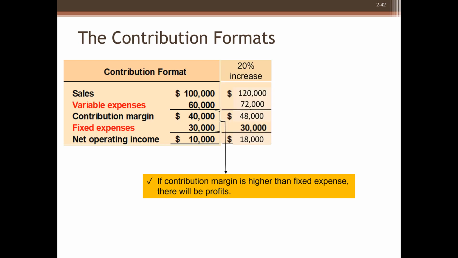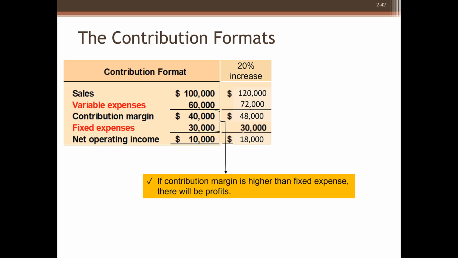If sales increase 20% from $100,000 to $120,000, then variable expenses will increase 20% as well, because variable expenses increase as the level of activity increases. Contribution margin will be the difference between sales and the variable expenses, which is $48,000. Compared to the original, contribution margin increased $8,000.